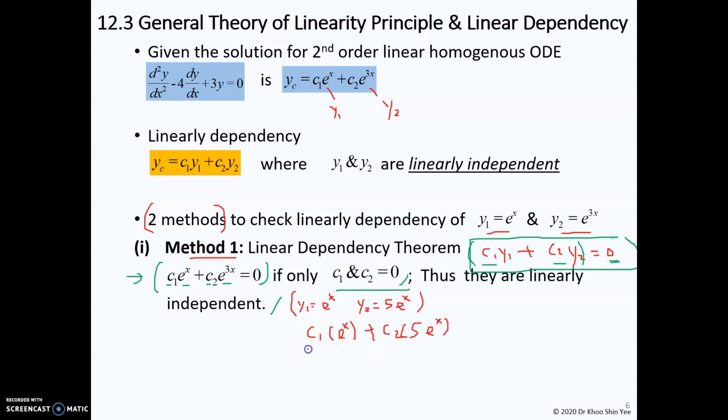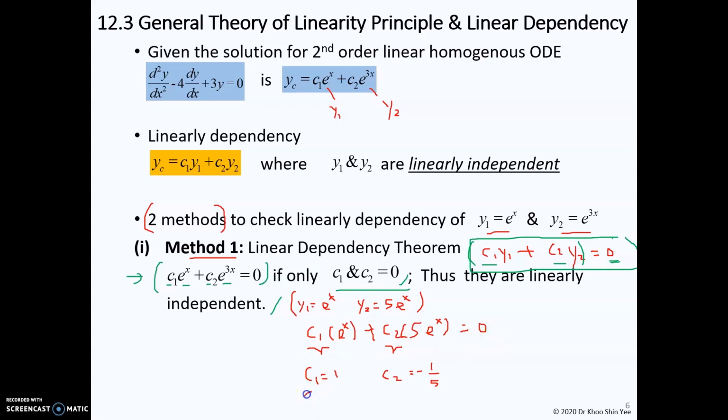Now we try to find the values of c1 and c2 to make this equation equal to 0. You can see that if we let c1 equal to 1, in this case, then c2 equals negative 1 over 5, and this will give us 0.